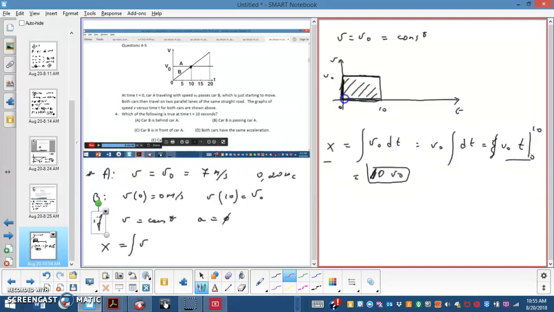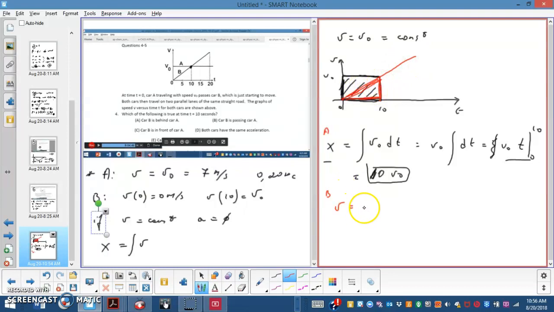What happens instead to car B? That's the graph, between 0 and 10. This triangle here is the graph you're looking at. So that is for A. For B, you know that velocity is not a constant, but is a line with a constant slope.